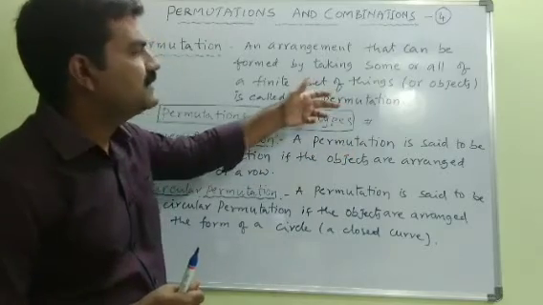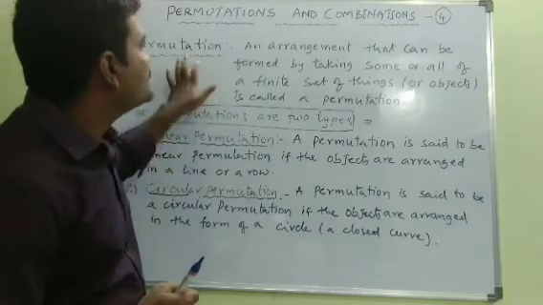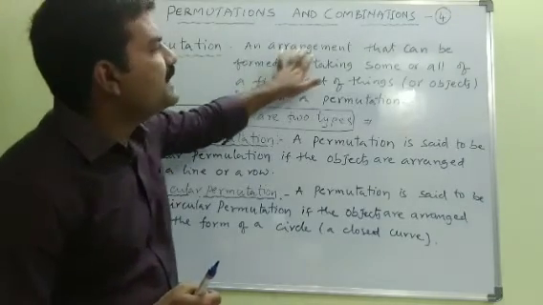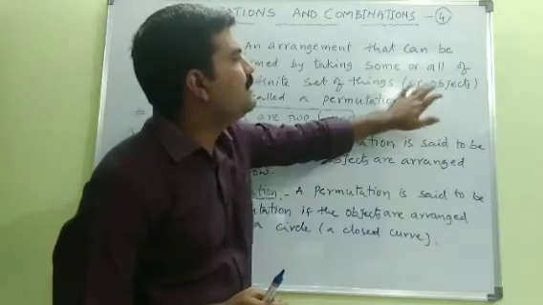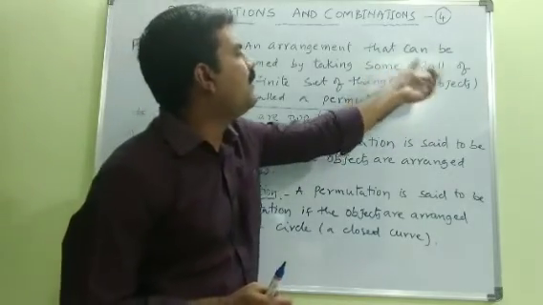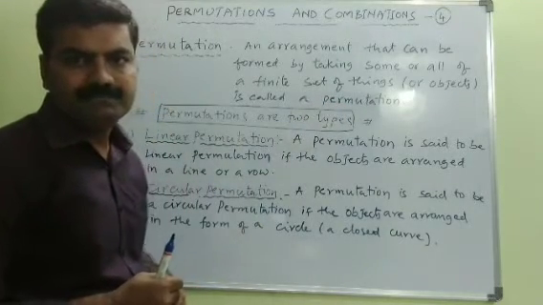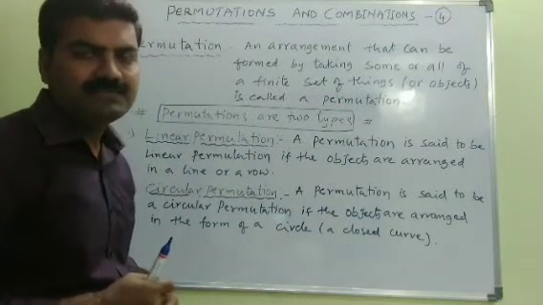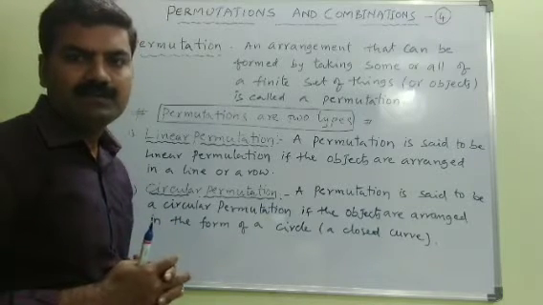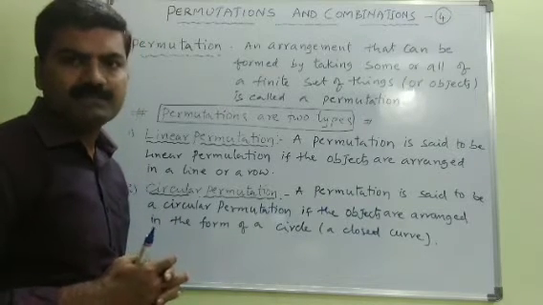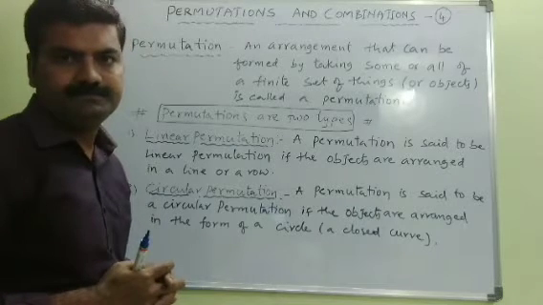Once again, permutation is nothing but arrangement of certain things or objects, taken some or all. In a simple sentence, we can say that the arrangement of a certain number of objects or things is called a permutation.